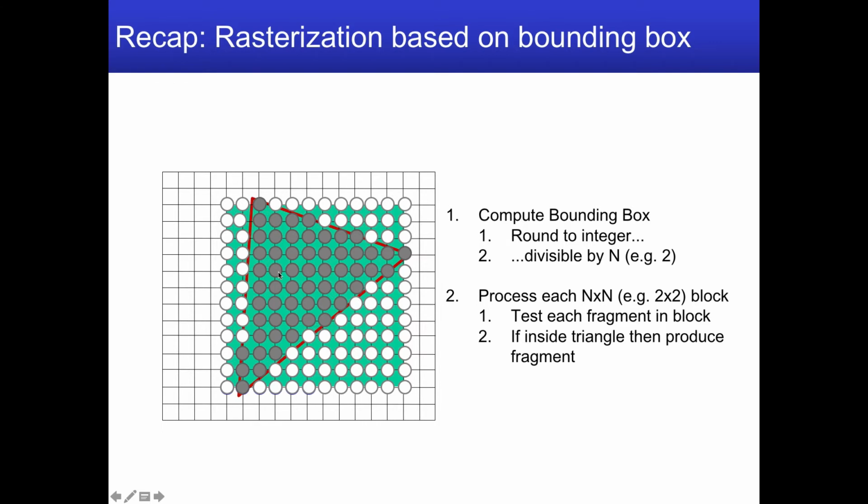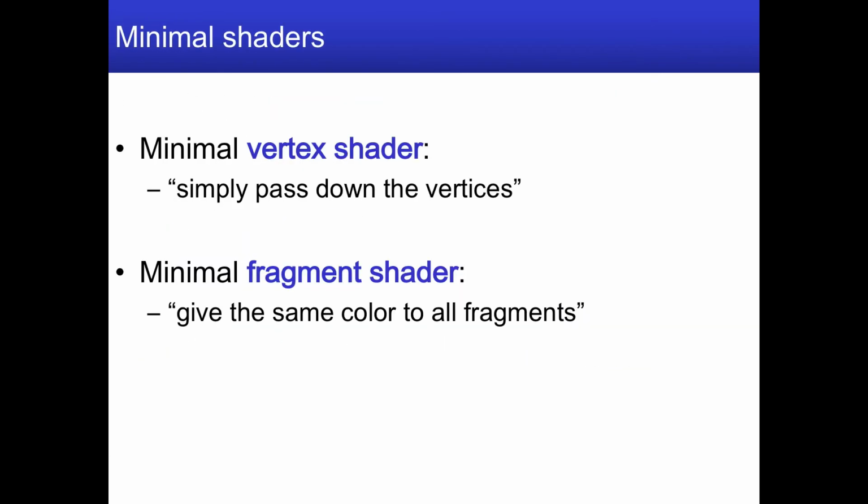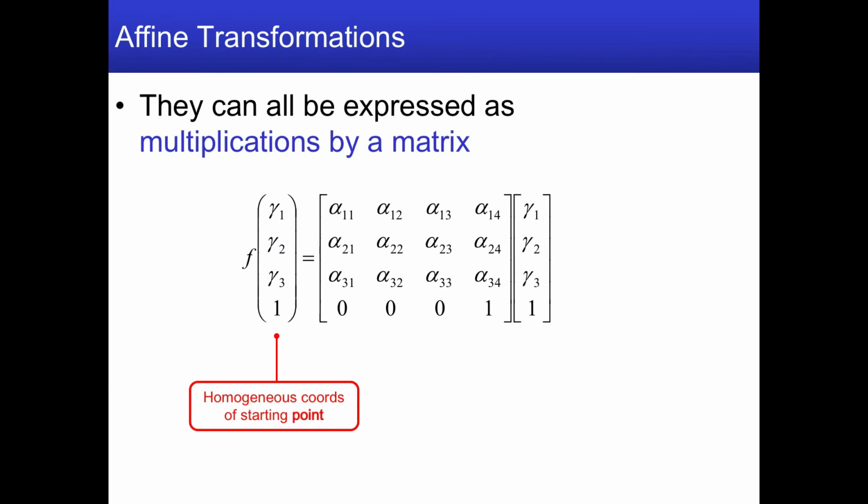They will get the varying, which is the class of variables that is interpolated. The value of each varying in the small fragment shader, which is a program running in parallel for each pixel, is the interpolation of the value of the vertices. We'll see what interpolate means.